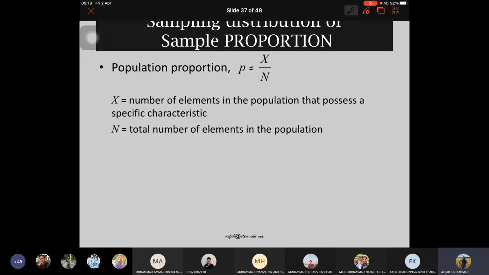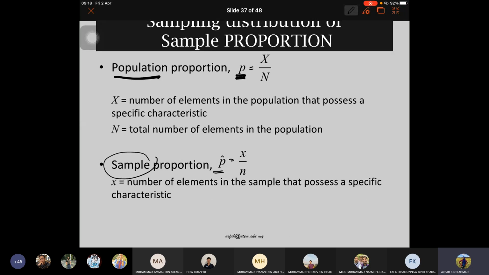The sample proportion we denote as P hat, which equals X over N. So P hat is for the sample and P is for the population. X is the number of elements in the sample that possess a specific characteristic, and N is the total number of elements in the sample.